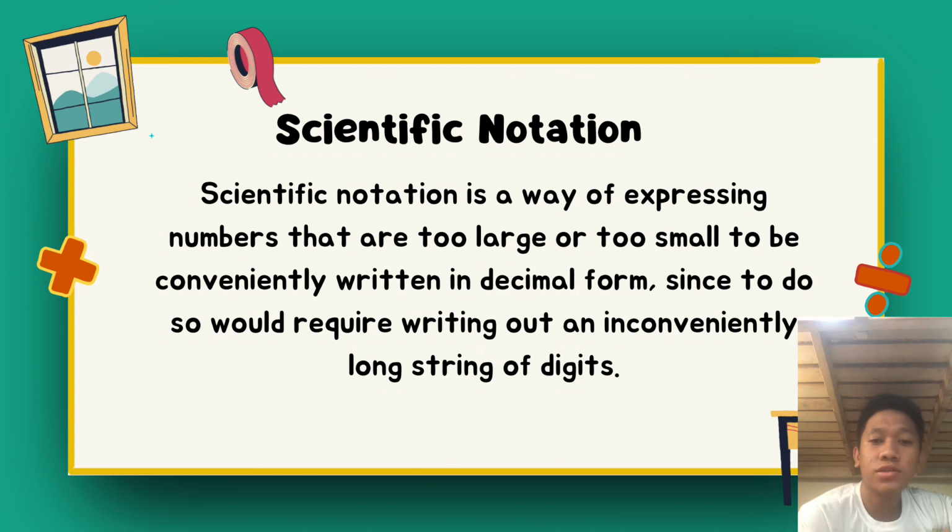Millions, how many zeros in millions? 9. So instead of writing 650 million, it would be written as 6.5 times 10 to the 8th power. That's easy. No need for any more hassle like that.